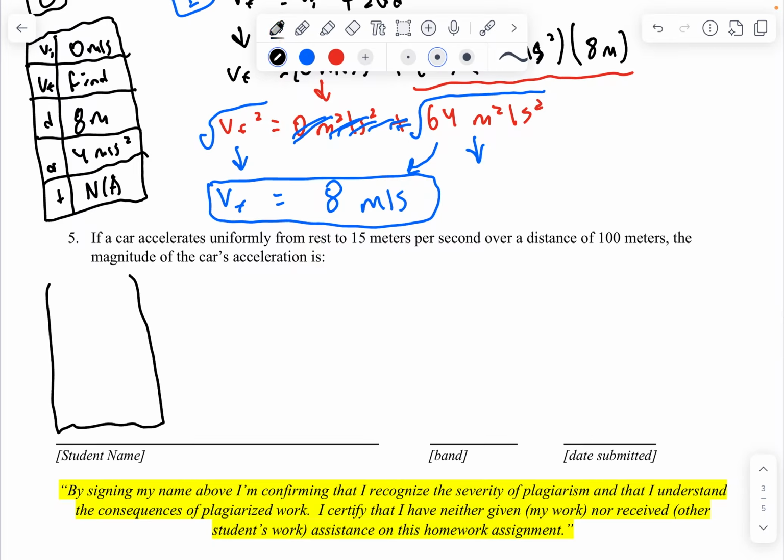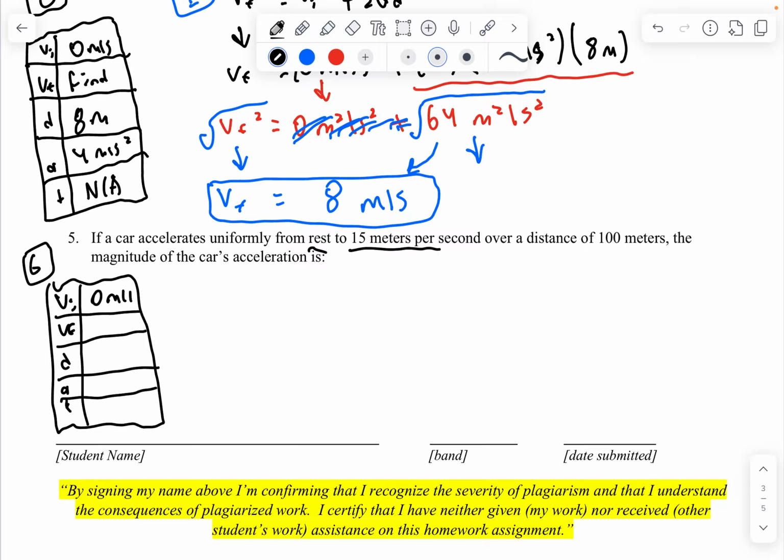Do the G. Well, if a car accelerates from rest, so we know the initial velocity is 0 meters per second, to 15 meters per second over a distance of 100 meters. The magnitude of the car's acceleration is what?